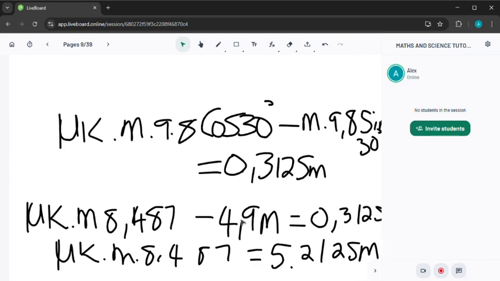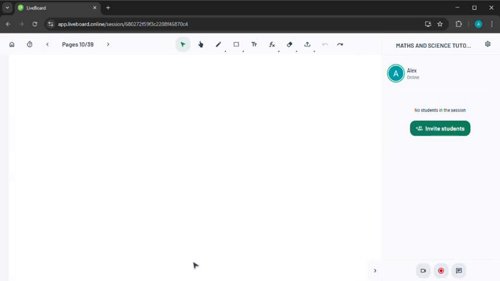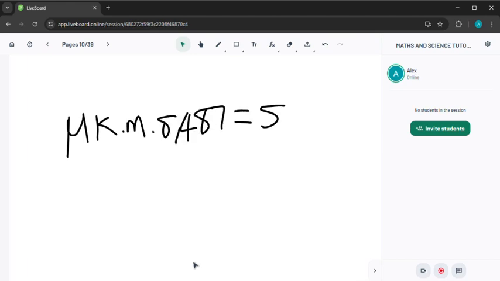Therefore, remember we are looking for the coefficient of kinetic frictional force. So we can therefore divide by m 8 comma 487, right? Let me try to show you on the new page. We have something like this: mu k multiplied by m multiplied by 8 comma 487 is equal to 5,2125 m, right?